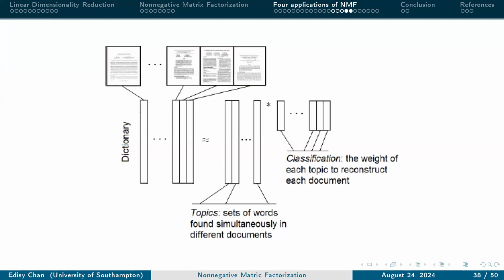Yeah. So it's more like you're constructing a dictionary. Yeah, but in the sense of topics. A dictionary means you have the words and the meaning for the words, but now it's more like you have a collection of documents for one subject.